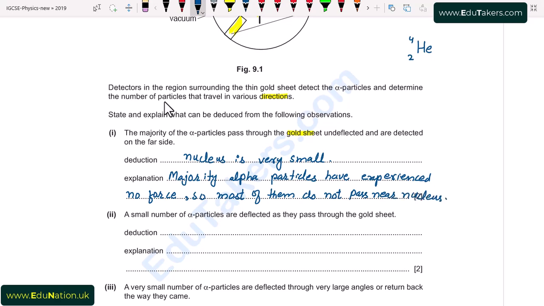They move in a straight path and remain undeflected.